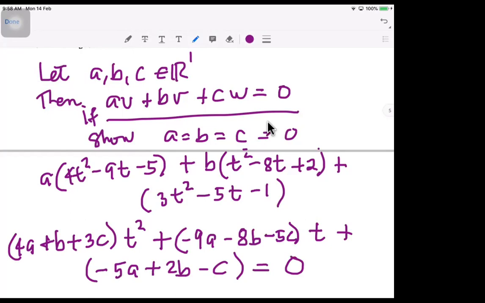So what we want is for A, B, and C to all be equal to 0 for us to say that U, V, and W are linearly independent.